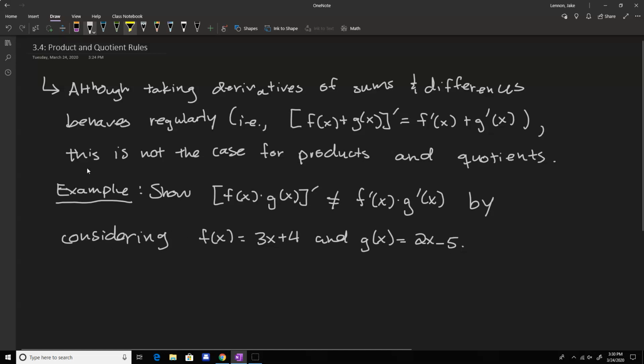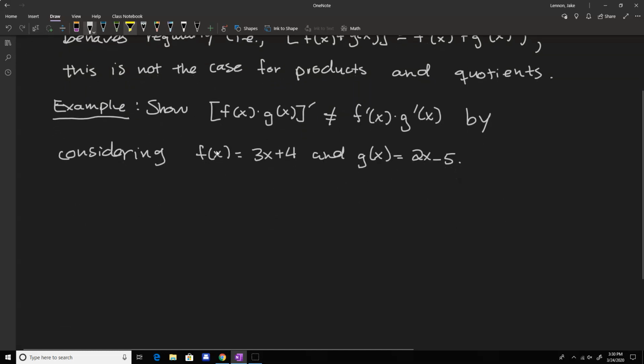On the one hand, if we look at f of x times g of x, and we multiply those two together before taking any derivatives, this would be 3x plus 4 times the quantity 2x minus 5. And we can expand that by FOILing, and we'll get 6x squared minus 7x minus 20.